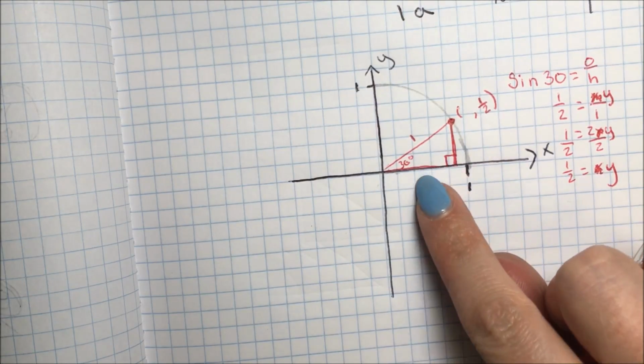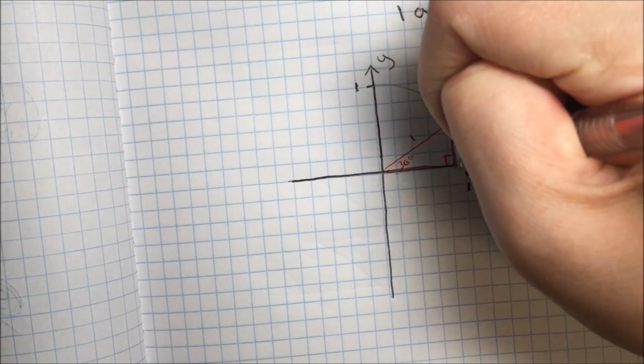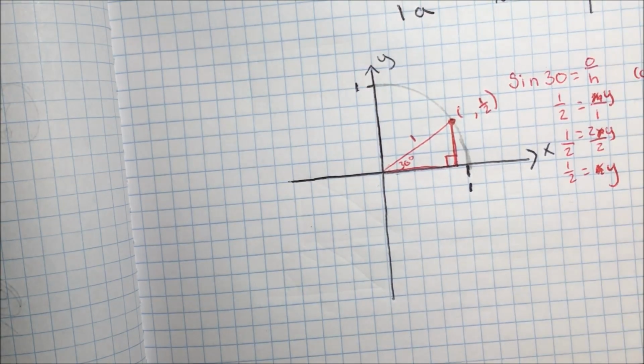Okay? Now I want to go back and find the x value, and the x value is this length from here to here. So I would use the cosine of 30. I know the cosine of 30 from my chart is radical 3 over 2. I'm trying to find the x value, and I know the hypotenuse is 1.